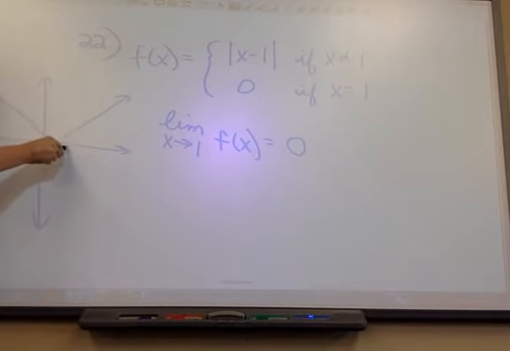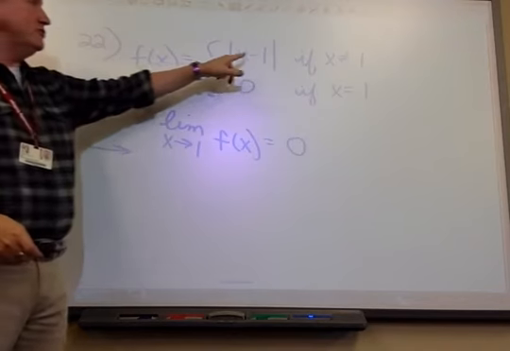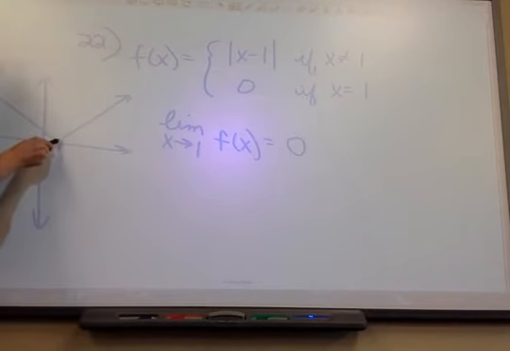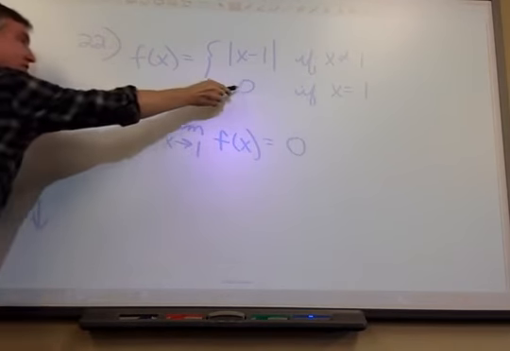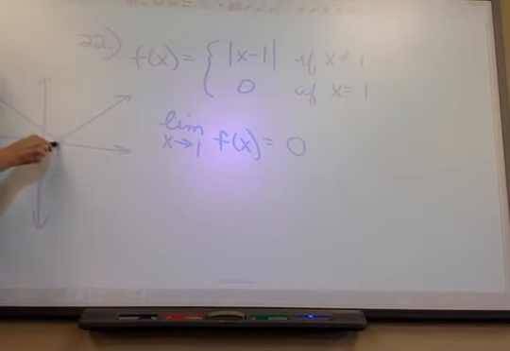Closer and closer to 1 from the left goes to 0. So that's my limit. The best you could do to graph that on your calculator is just to do this piece and know that there's an open circle here, and this closes in that circle. If x is 1, y is 0. So it looks just like that.